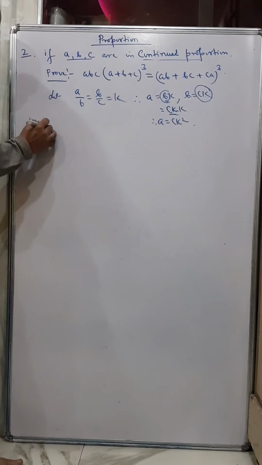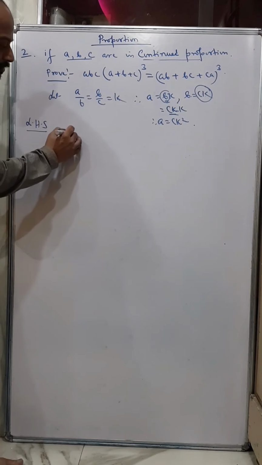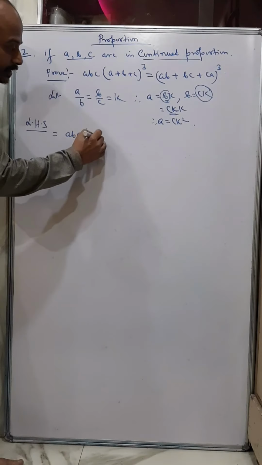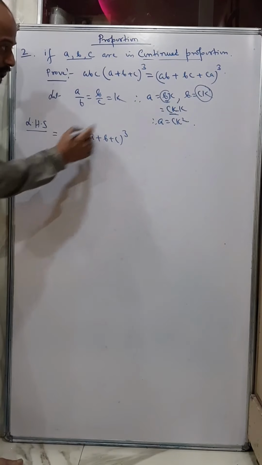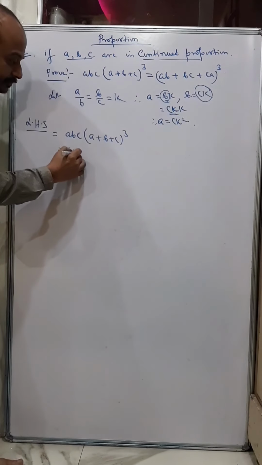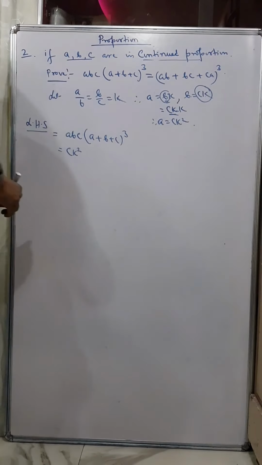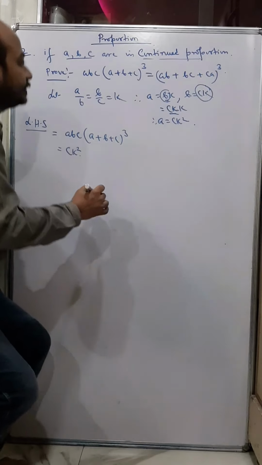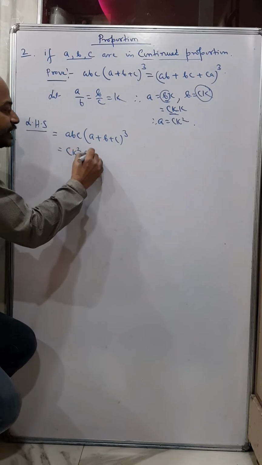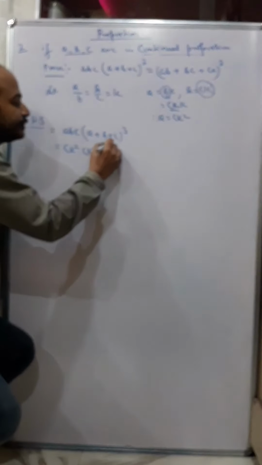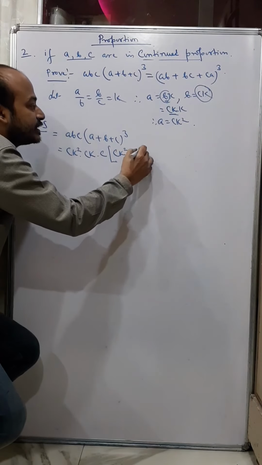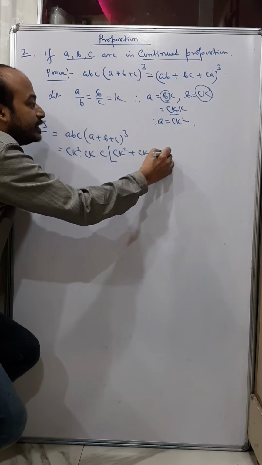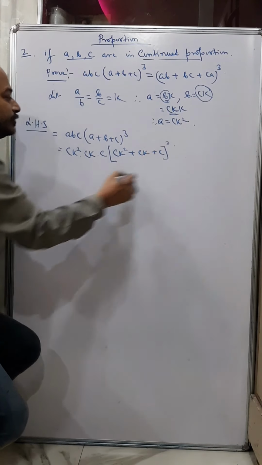Okay, so left hand side, a plus b plus c whole cube. Now put the value. So what do I get? ck square plus ck plus c, and then whole cube.